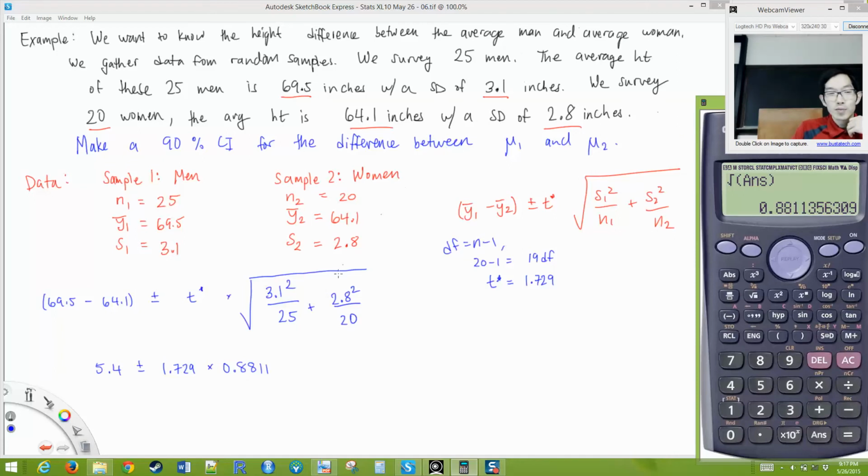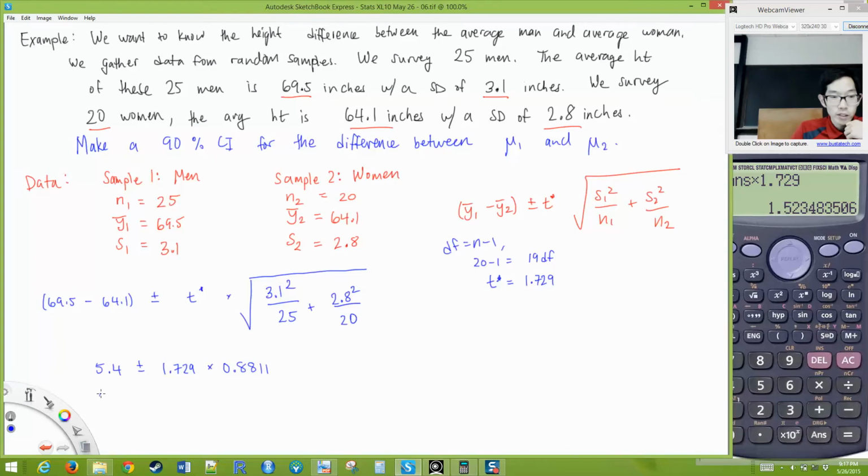So I'm going to multiply that number by 1.729, and my margin of error is 1.523. So I'm going to have 5.4 plus or minus 1.523. Okay, so I'm going to get a lower and an upper.